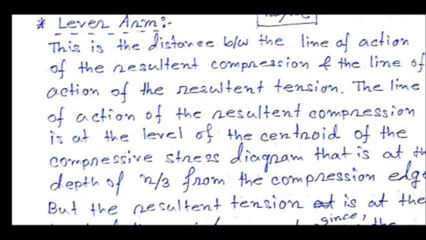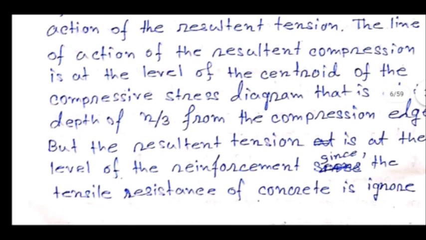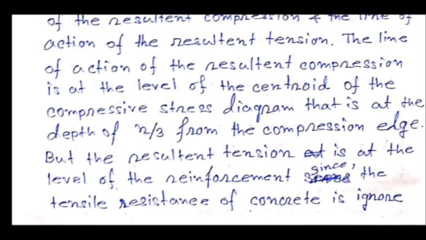The line of action of the resultant compression is at the level of the centroid of the compressive stress diagram, that is at a depth of 1/3 of the depth of the neutral axis, that is n/3 from the compression edge, that means the top edge, but the resultant tension is at the level of the reinforcement since the tensile force acts there.